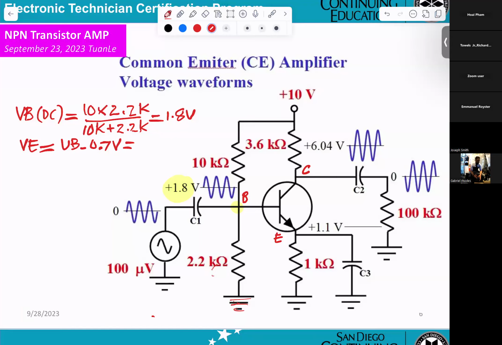That gives you 1.1 volt. Okay, so that's why you can see 1.1 volt. Now, how do I calculate the VC?